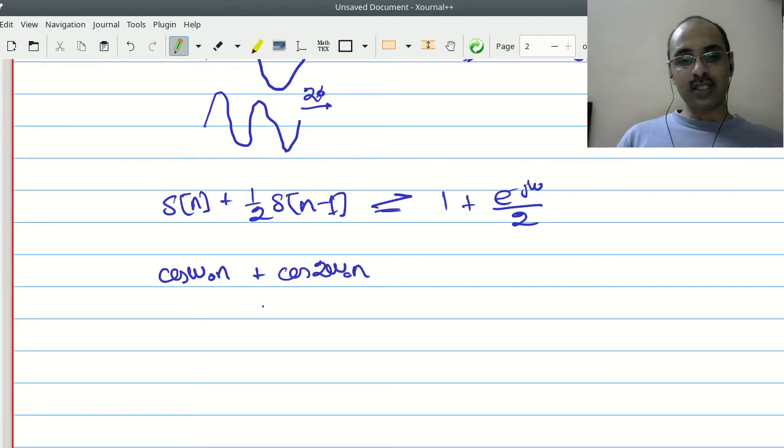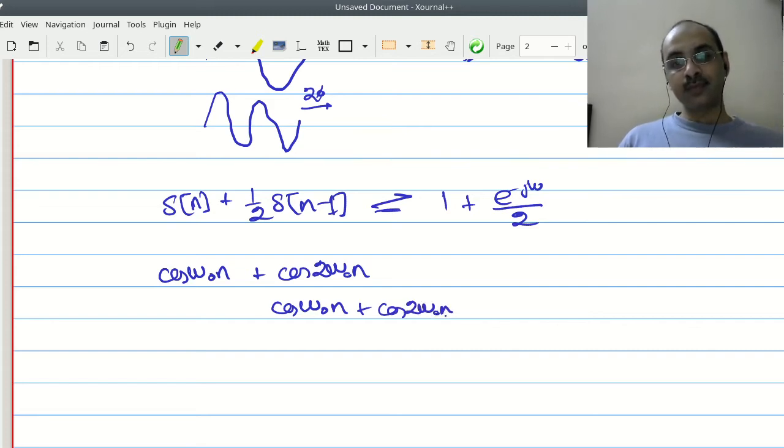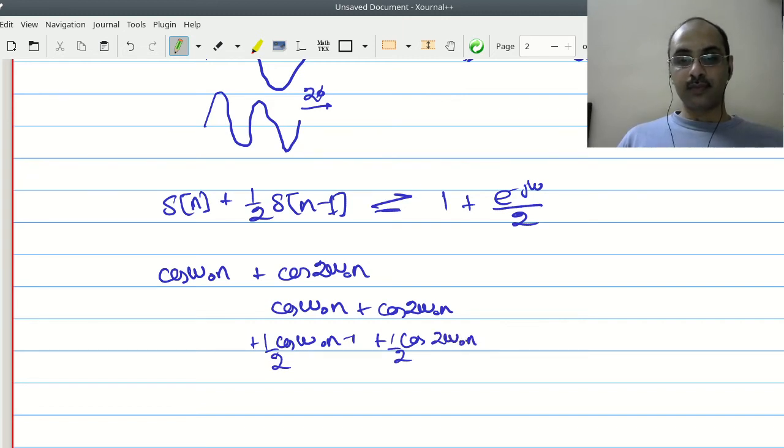If I give this to this system, I'm going to get cos omega naught n plus cos 2 omega naught n plus half cos omega naught n minus 1 plus half cos 2 omega naught n minus 1.